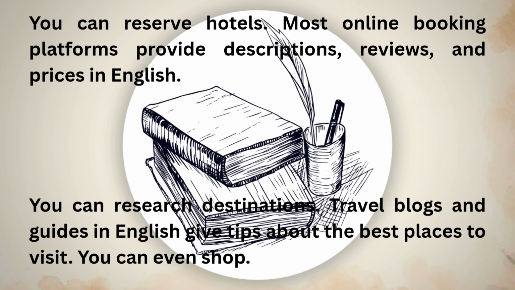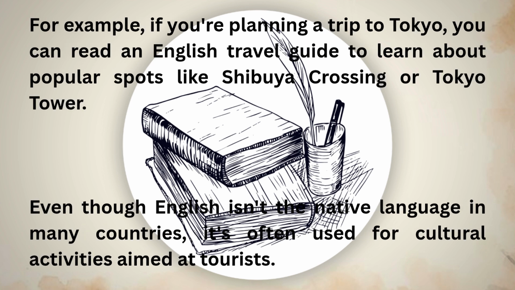Travel blogs and guides in English give tips about the best places to visit. You can even shop. For example, if you're planning a trip to Tokyo, you can read an English travel guide to learn about popular spots like Shibuya Crossing or Tokyo Tower. Even though English isn't the native language in many countries, it's often used for cultural activities aimed at tourists.